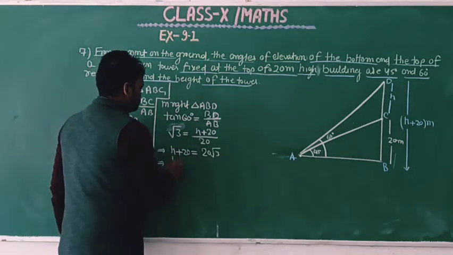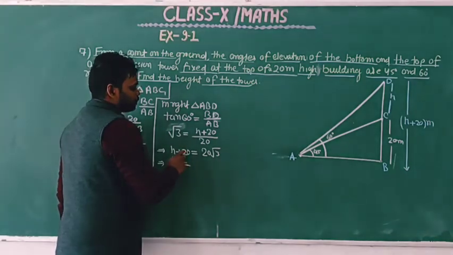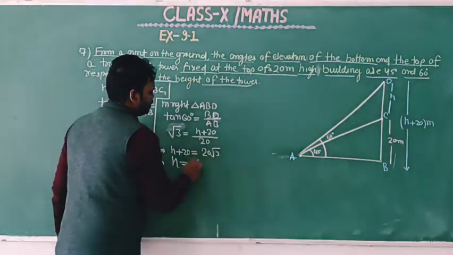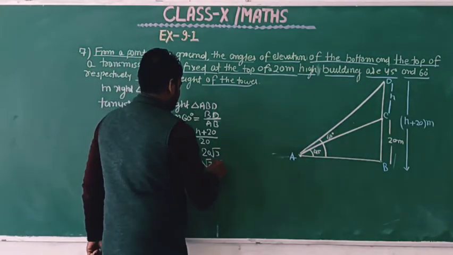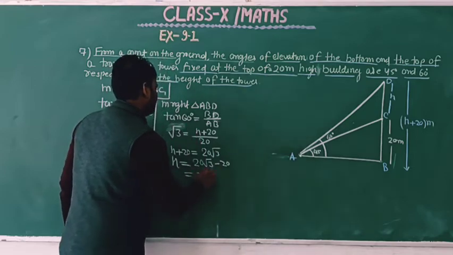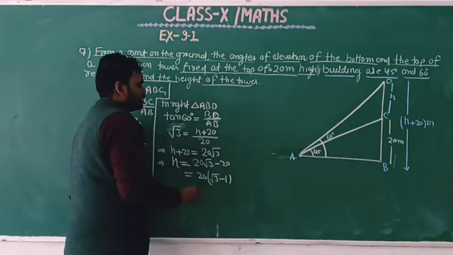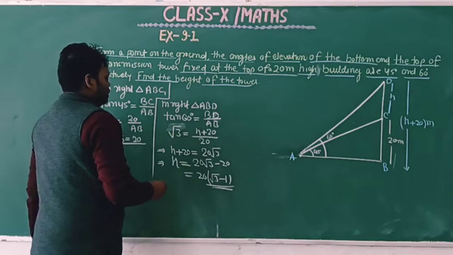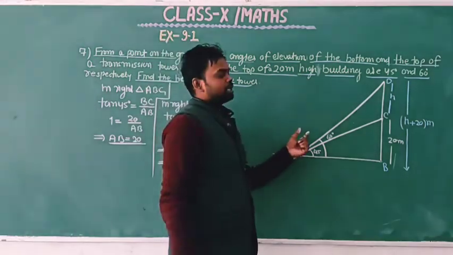Now to find the height, we shift 20 to the right side, so it will be h equal to 20 root 3 minus 20. Now taking 20 common, it becomes 20 times the bracket root 3 minus 1. So this is the required height of the transmission tower.